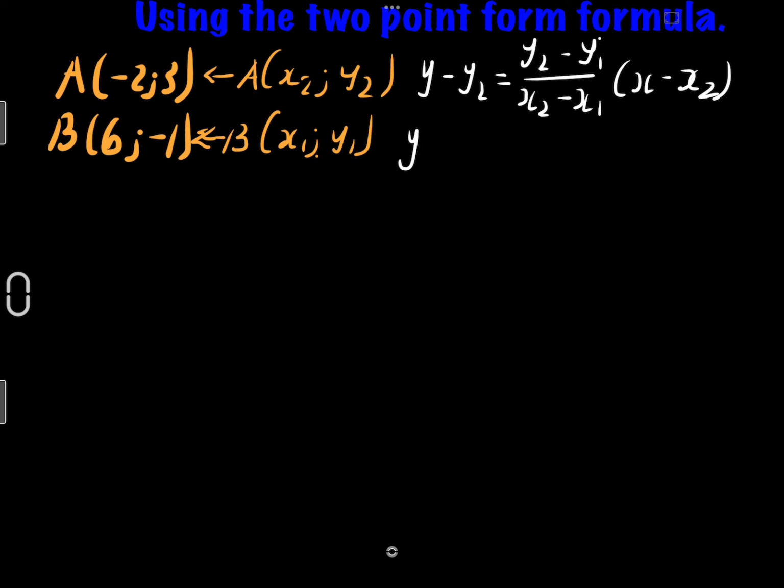So now, what we need to do is simply substitute the parameters. So we have y minus 3 is equal to 3 minus -1 over -2 subtract 6, multiplied by x minus -2.